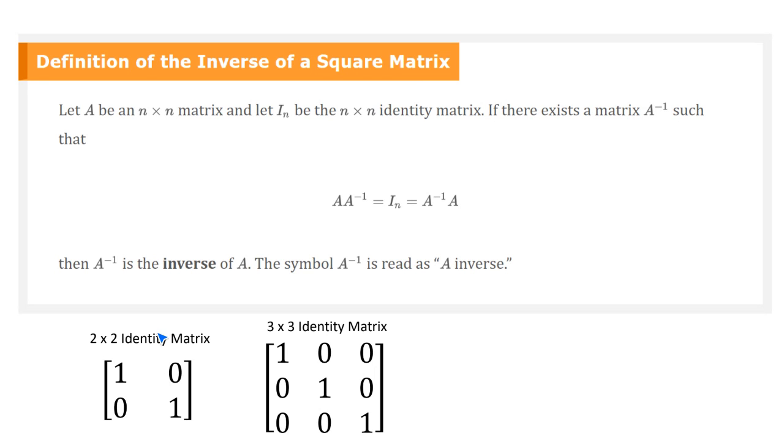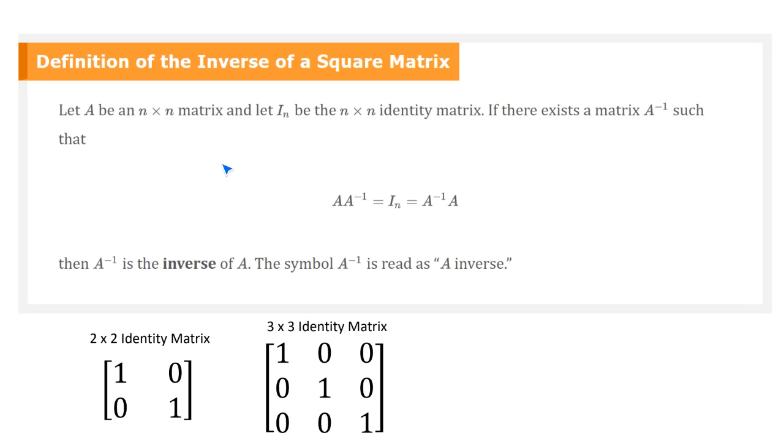Here's an example of a 2x2 matrix. The identity matrix is a matrix that has all ones in the diagonal, and the rest are zeros. So for the 3x3 identity matrix, notice that it has all ones in the diagonal, and everything else is zeros.